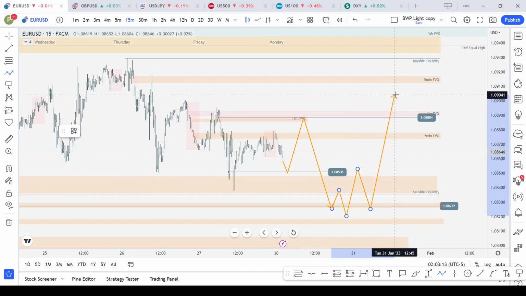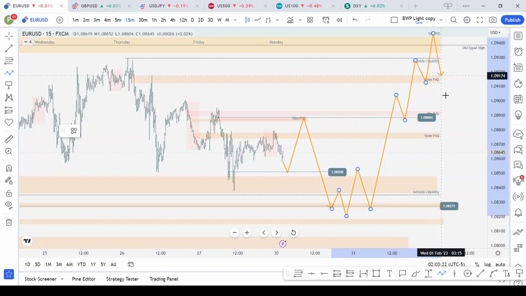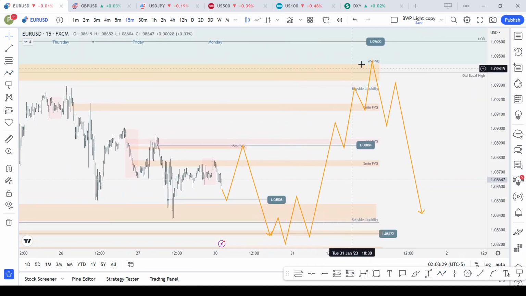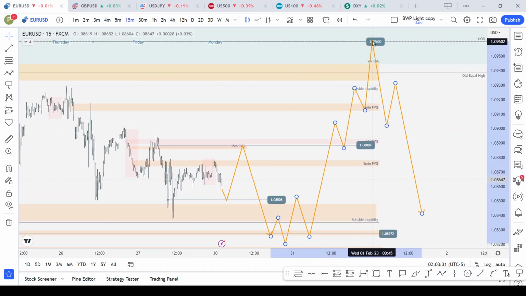So if it turns this level into support, and rallies for the weekly fair value gap, and then perhaps a rejection from there. I like this level.